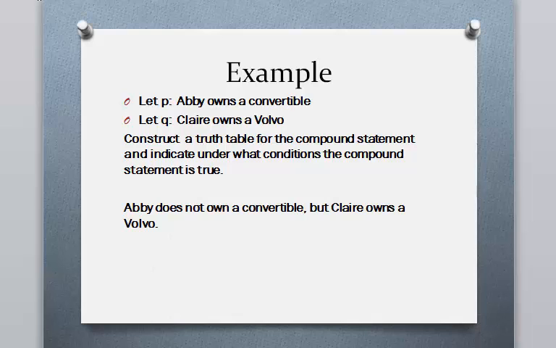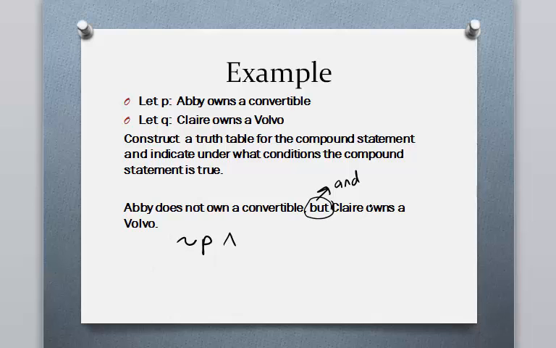So the negation of P would be saying that Abby does not own a convertible. Recall that the but is another way of talking about and. So we're going to use our symbol for and.